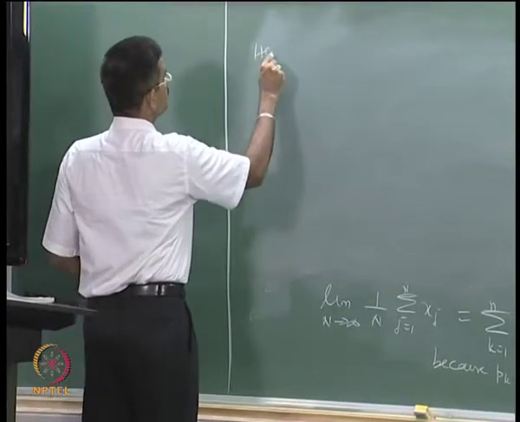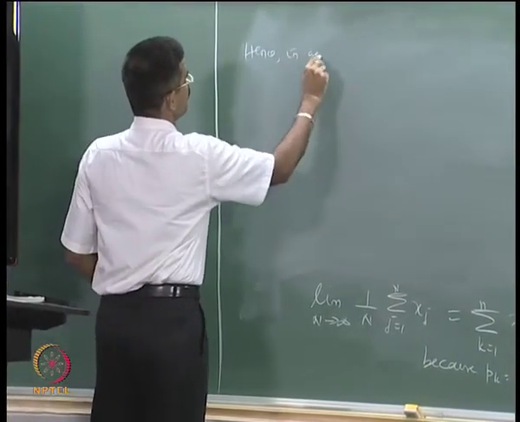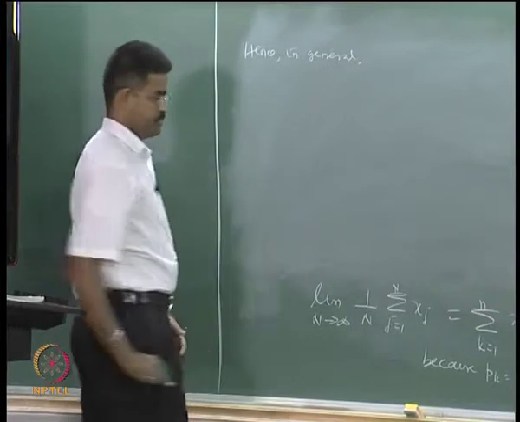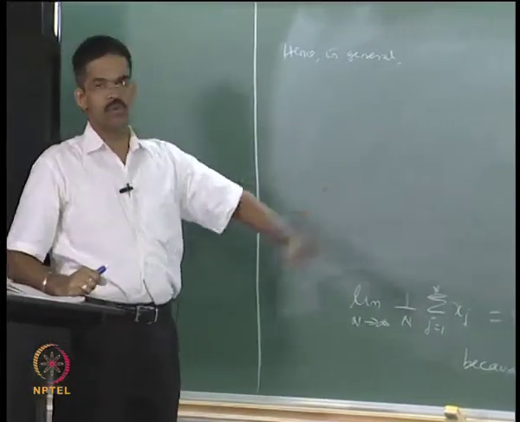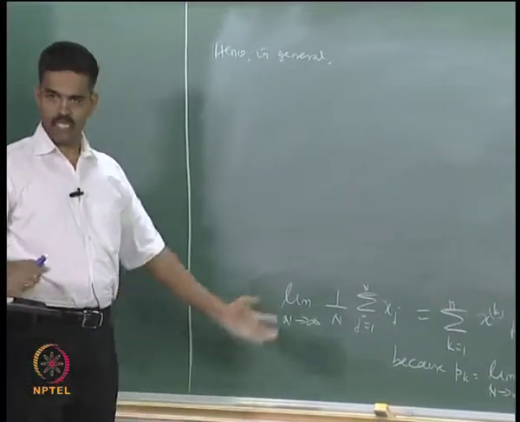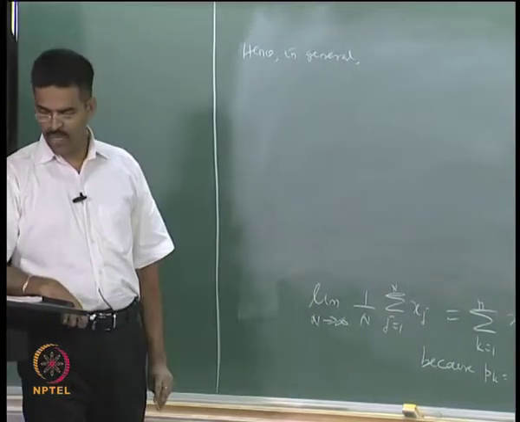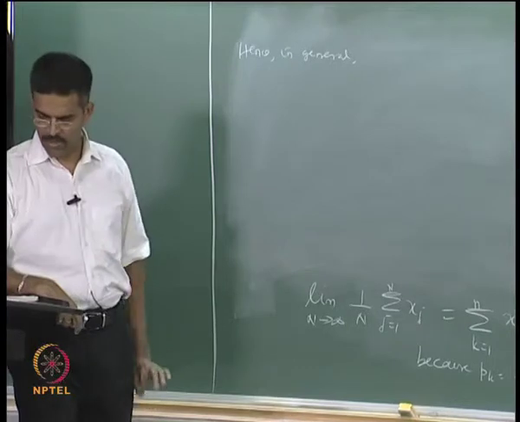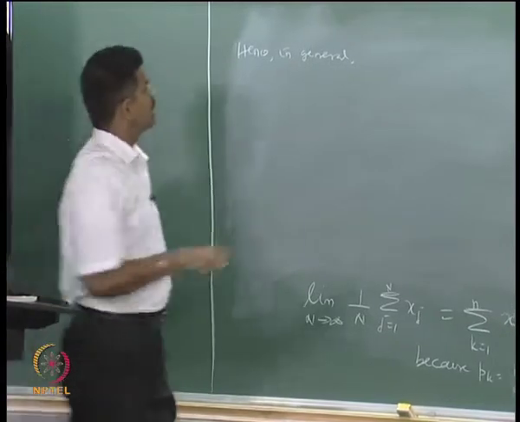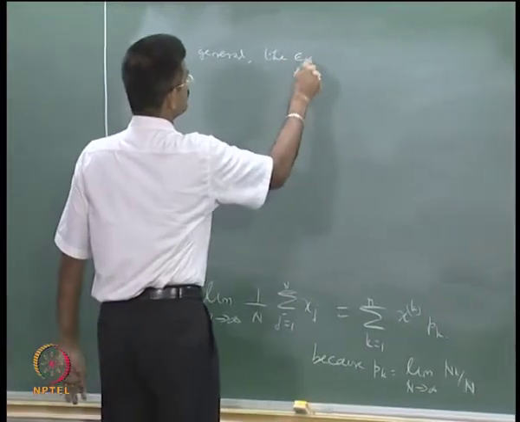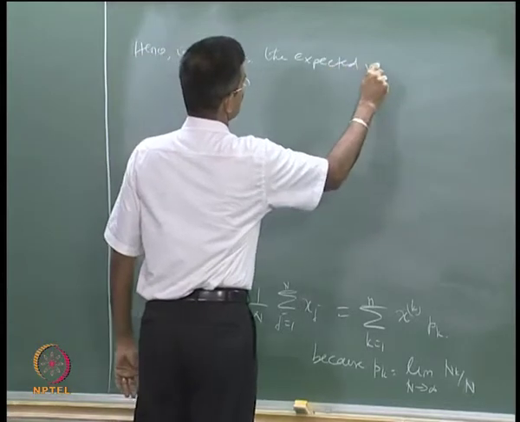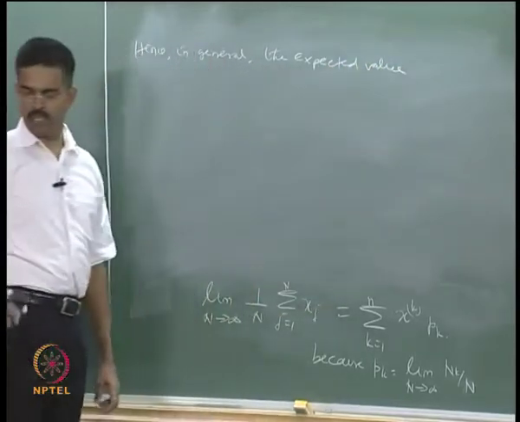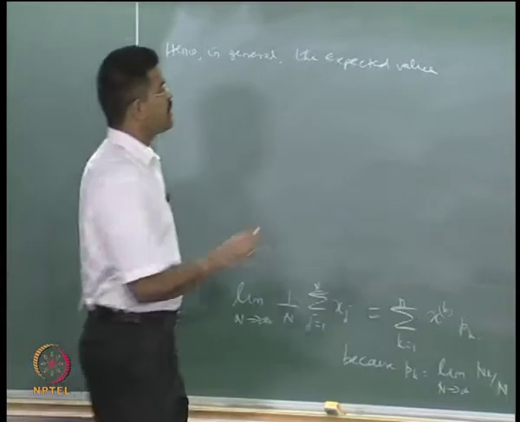Hence, in general, because I have connected now a mean value, or an expected value of a variable x, in a generic form and a specified form of group of small n, the expected value is nothing but the mean of the random variable.